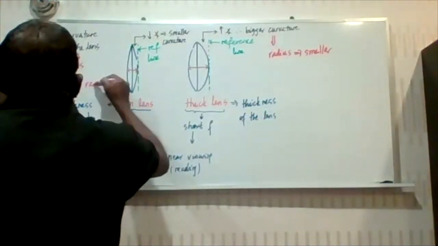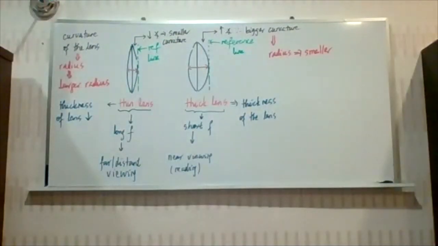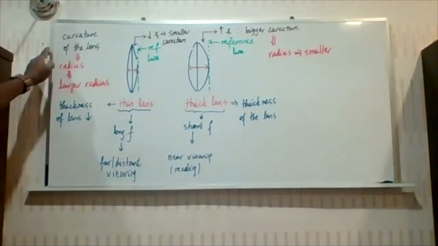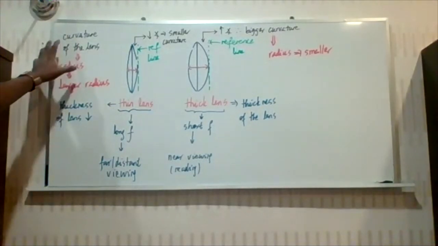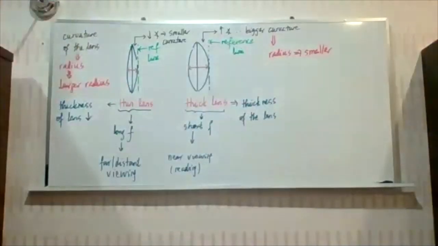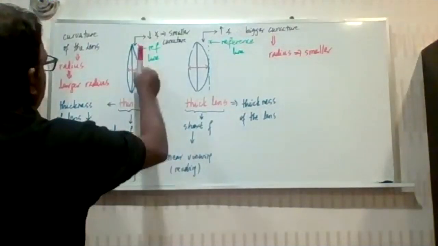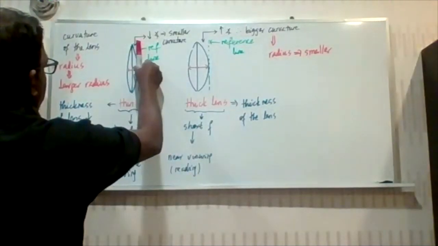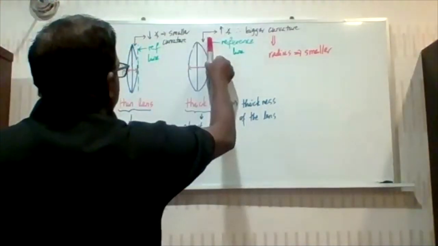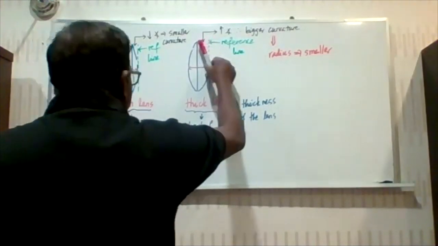So now we have a complete understanding. A larger radius means smaller curvature, and a smaller radius means bigger curvature. Smaller curvature means the lens deviates from its reference line by a small angle. Bigger curvature means the lens deviates from the reference line by a bigger angle.